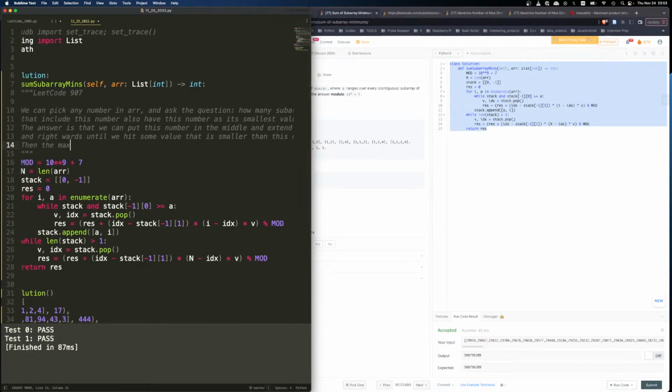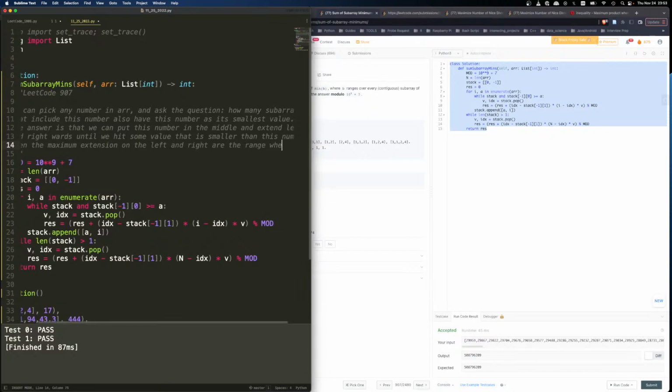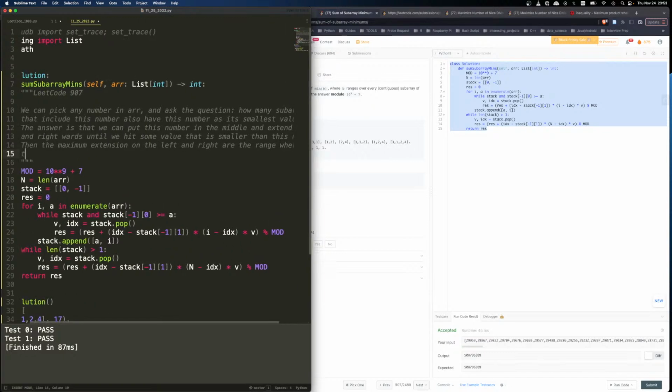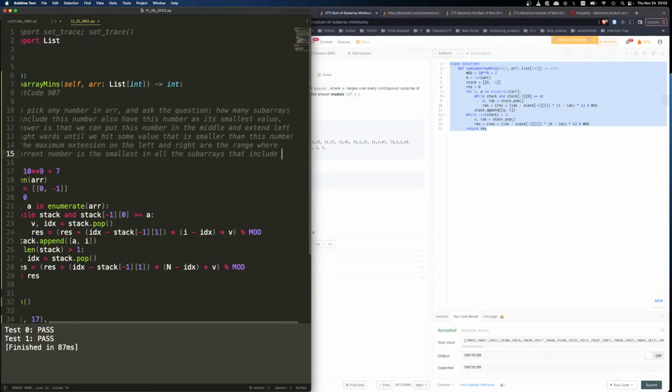Then the maximum extension on the left and right are the range where the current number is the smallest in all the subarrays that include it.